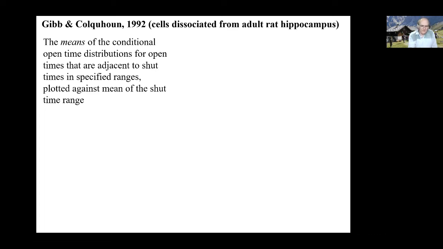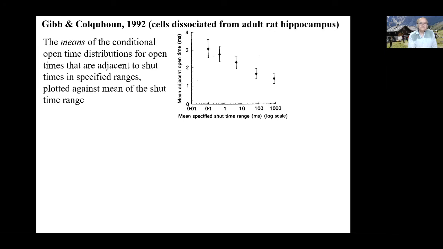Because they were native, we aren't sure what the subunit composition was, but they look very much like NR1, NR2A. And we observed the correlation of the sort that I mentioned in the last lecture rather clearly in this case.